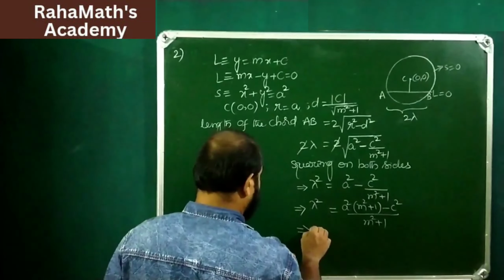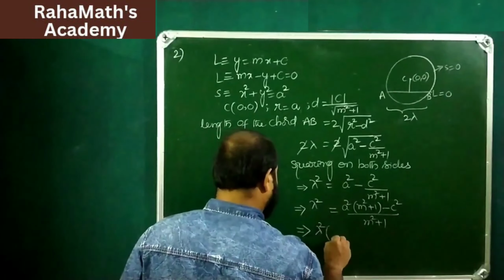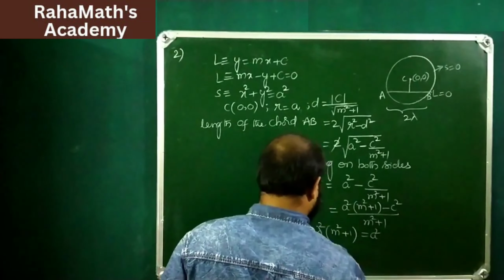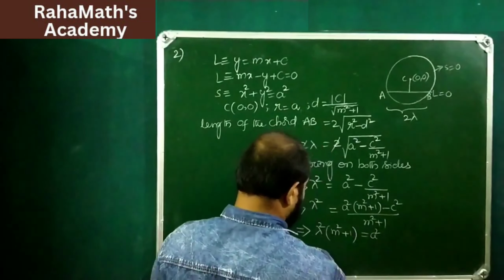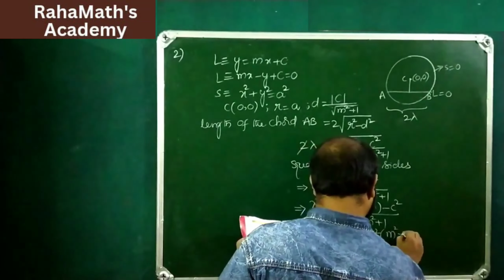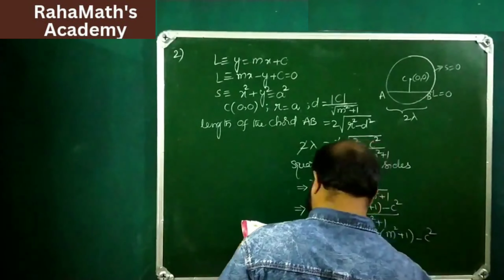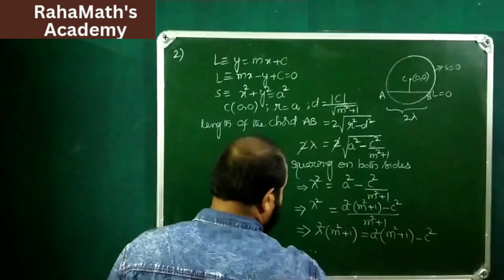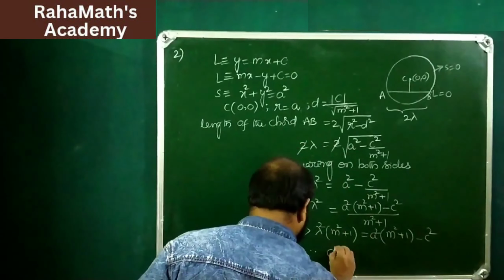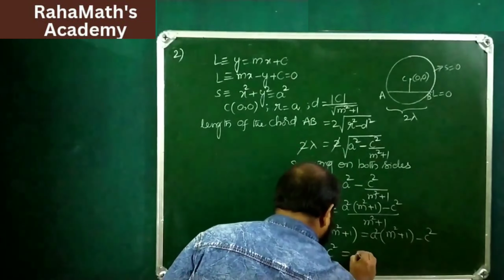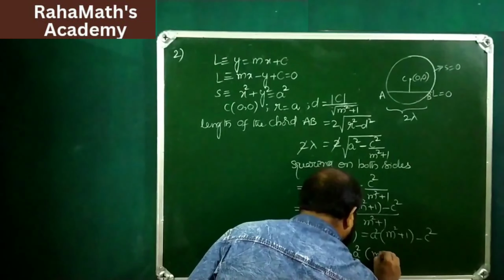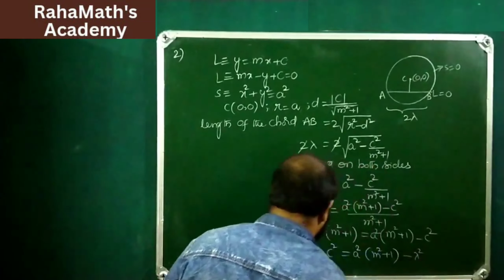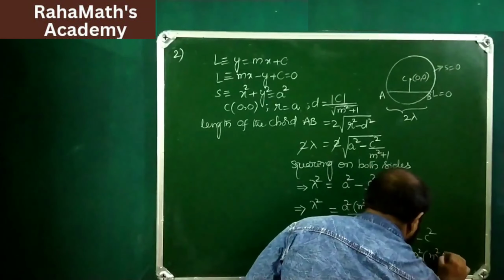So, if you cross multiply, lambda square into m square plus 1 is equal to a square into m square plus 1 minus c square. Therefore, if you take this minus c square onto this side, c square is equal to a square into m square plus 1 minus lambda square into m square plus 1.